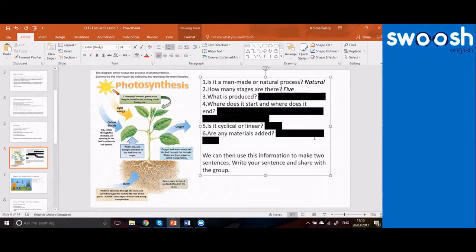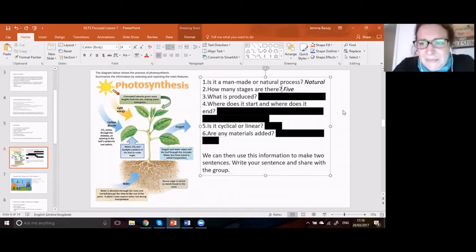What is produced? Oxygen. So you've got down here, excess sugar is stored as starch. You've got that happening down there. You've got the arrow of the oxygen coming out.